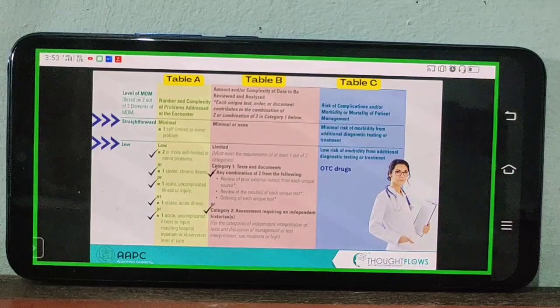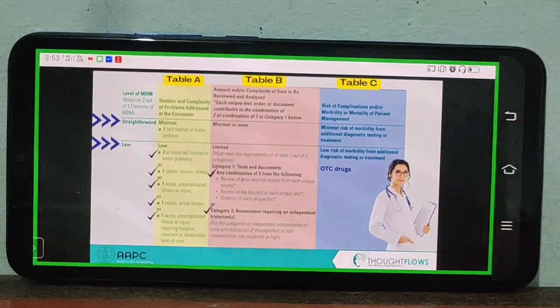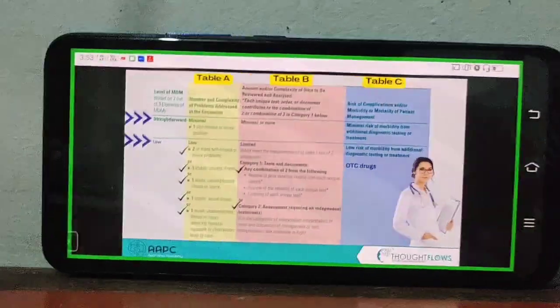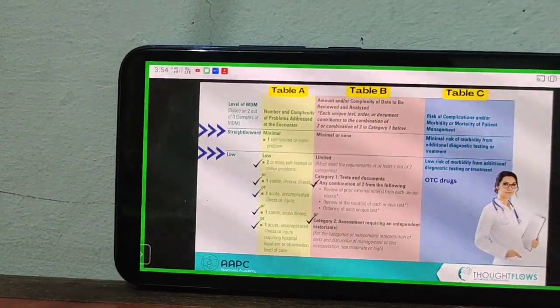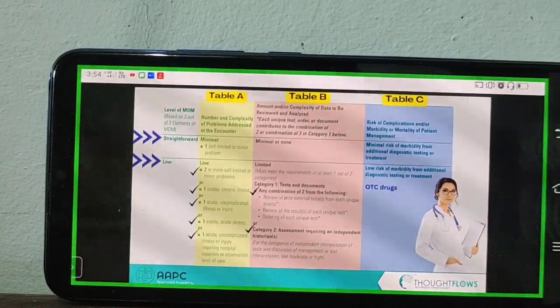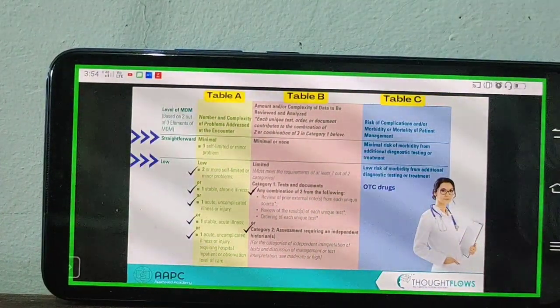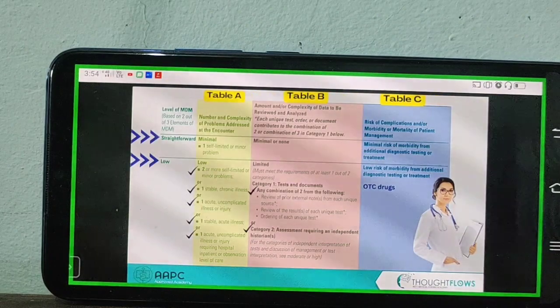And then low MDM. In low MDM, there are 5 points present in table A. Of those 5 points, I need any one. For example, the first one: 2 or more self-limited or minor problems.